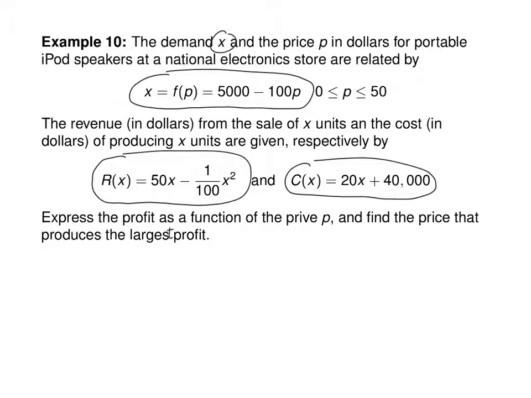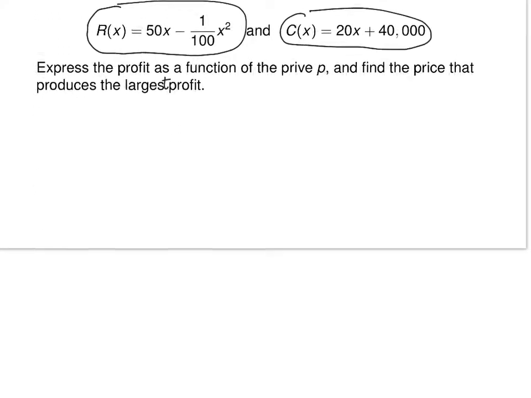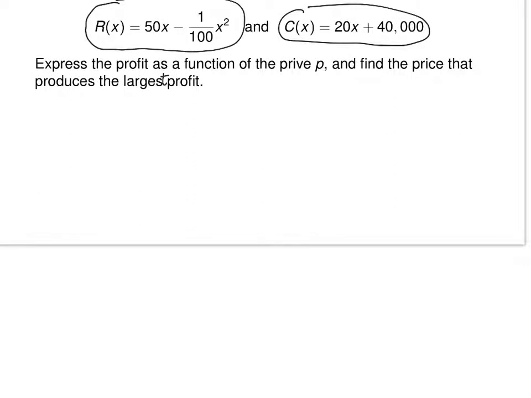Take the cost from the revenue. So I'm going to call it capital P of X. You have those things in your papers, you'll be able to look at them. Capital P of X will equal R of X minus C of X. So that'll be 50x minus 1 over 100x squared minus the quantity 20x plus 40,000.